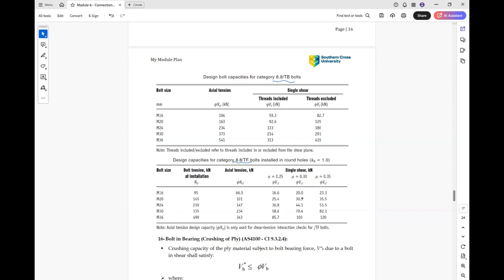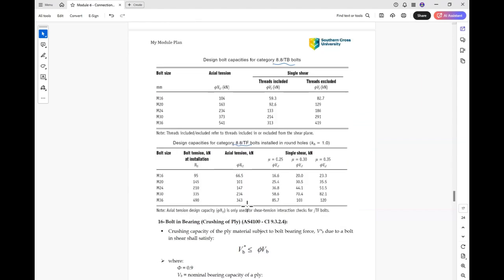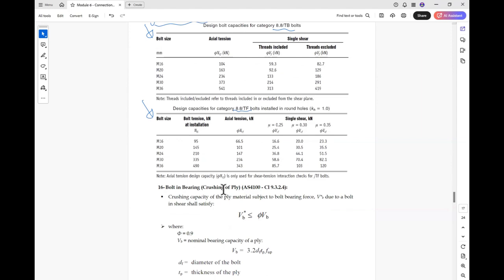But here in this course or in the problems, we need to follow the standard calculation to find the maximum capacity. So all these values in the table are just for reference, not to be used in our calculation.